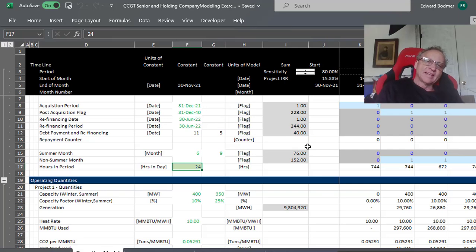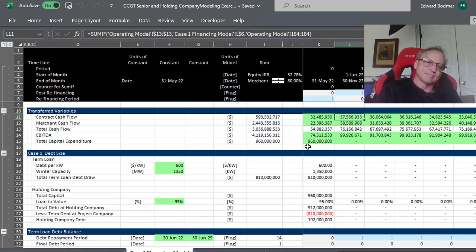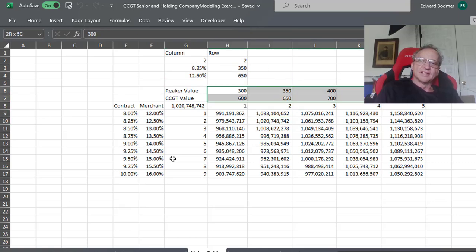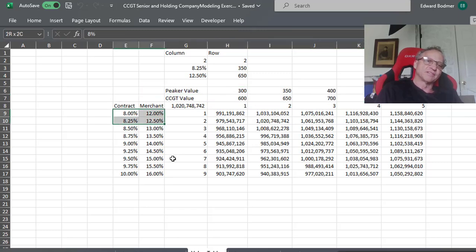Now, let's just walk through a couple of things. So what I did is I put an operating model and I put a couple of the financing cases, and then I had this valuation table, and in this valuation table, just using a regular data table was a little bit tricky because we have two different values of the residual value, and we have two different discount rates.